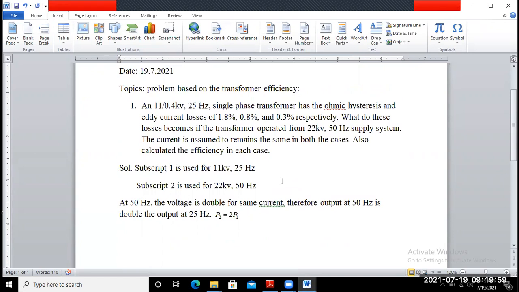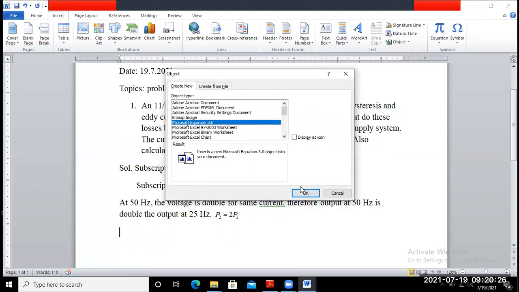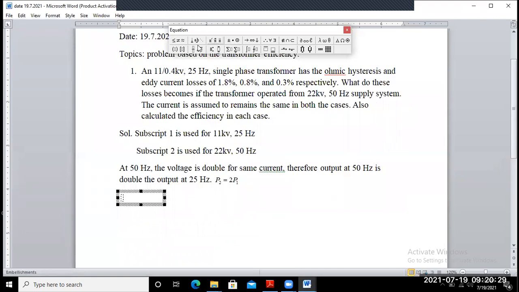So the ohmic losses are given in percentage. Ohmic loss divided by P1 is given to you as 1.8%. And the hysteresis loss is given in percentage as 0.8. So just note down these losses in percentage. The ohmic losses are represented by P suffix OH1, this one for 11 kilovolt and 25 hertz frequency.